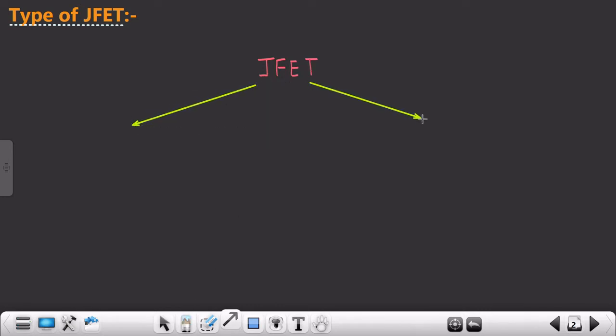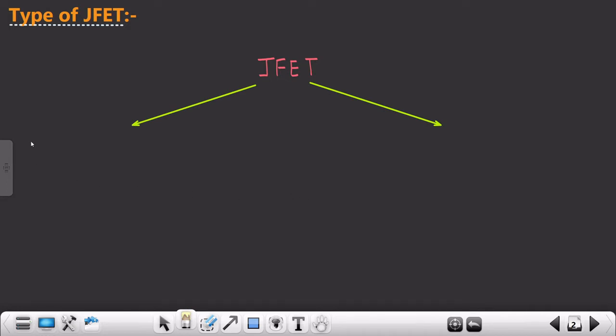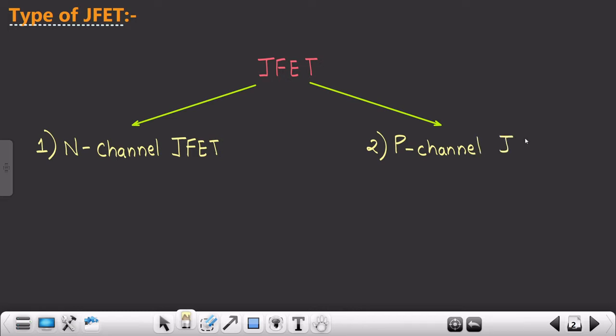The first type is N-channel JFET, and the second type is P-channel JFET. So these are the two types of JFET, N-channel JFET and P-channel JFET.